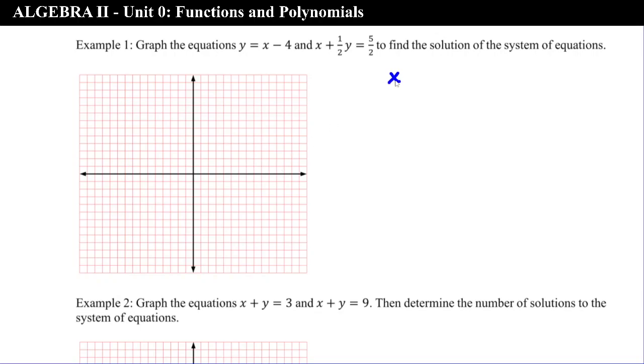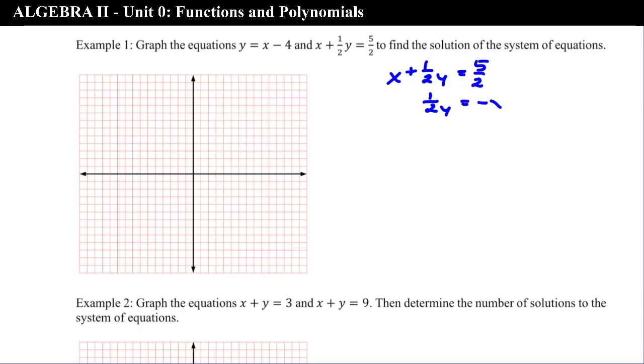So I'm going to write this equation, and we are going to solve it in terms of y to get it in slope-intercept form. To get y by itself, we are going to subtract x from each side. That leaves us with 1/2 y on this side.